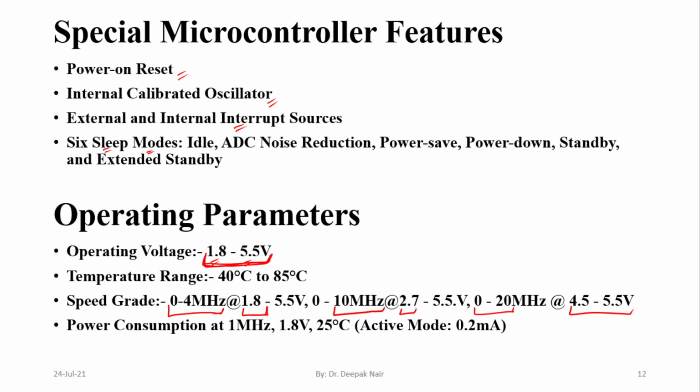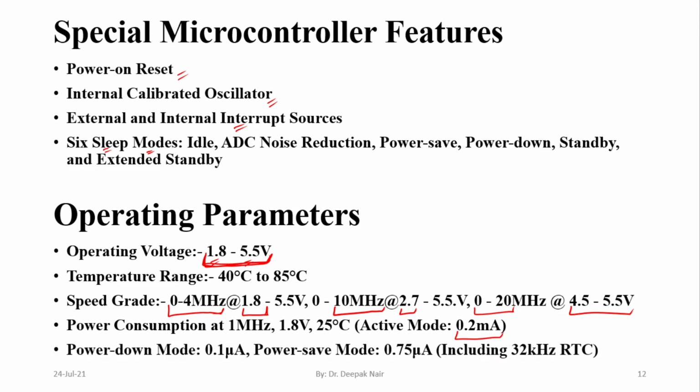In general, the power consumption when the microcontroller is in active mode is 0.2 milliampere. And in power down mode, that means when you are in the sleep mode or idle mode or power save, power down, standby modes, in these modes we can bring down the current up to 0.1 microampere.